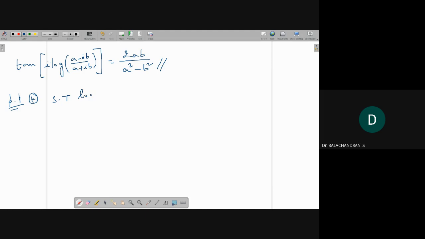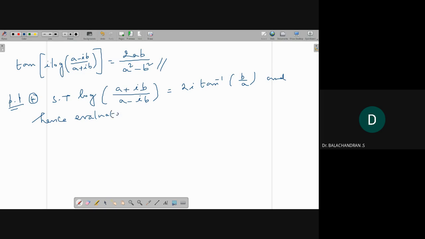Show that log of A plus iB divided by A minus iB equal to 2i tan inverse of B by A, and hence evaluate cos of i log of A plus iB divided by A minus iB.